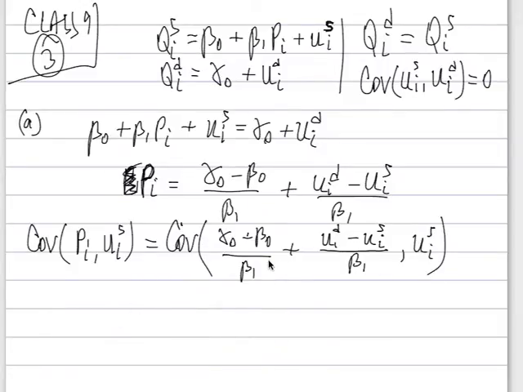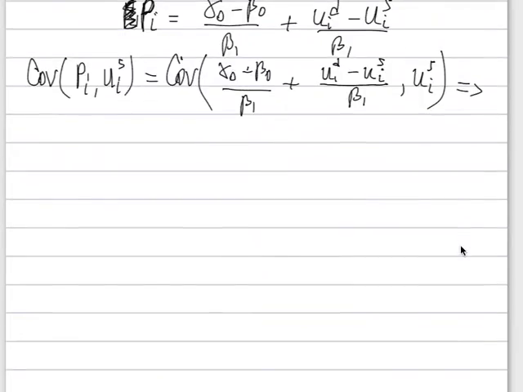So we have to now expand this bracket, covariance operator. Now this whole expression is constant, yeah? So correlation between constant and UIS is 0, so you can drop this. What we'll have is then beta 1 over beta 1 from here. This denominator is a constant here. 1 over beta 1.